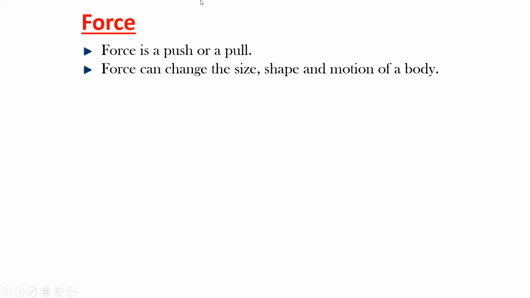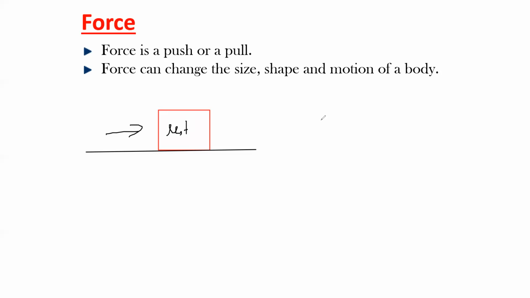What is the meaning of motion of an object? For example, if there is a box lying on the floor or it is at rest, by applying a force, I can change its motion, I can change its state. If something is at rest, by applying a force, push or a pull, I can move it.